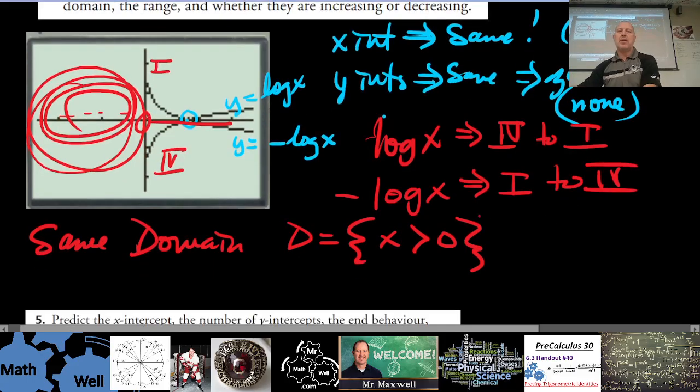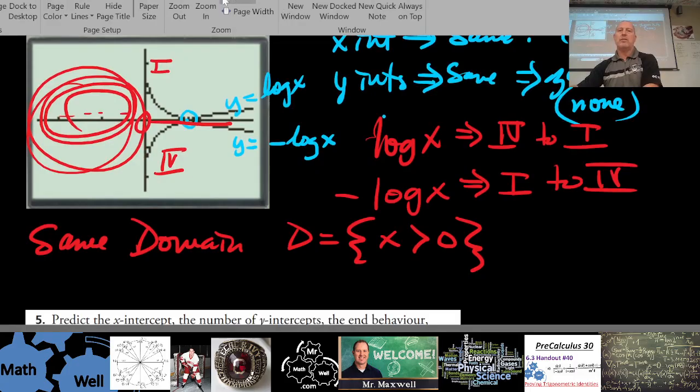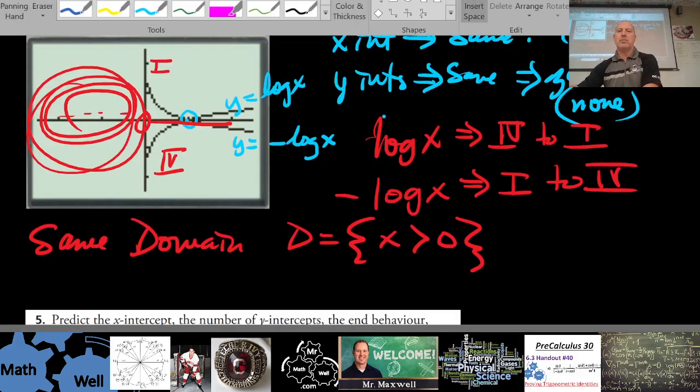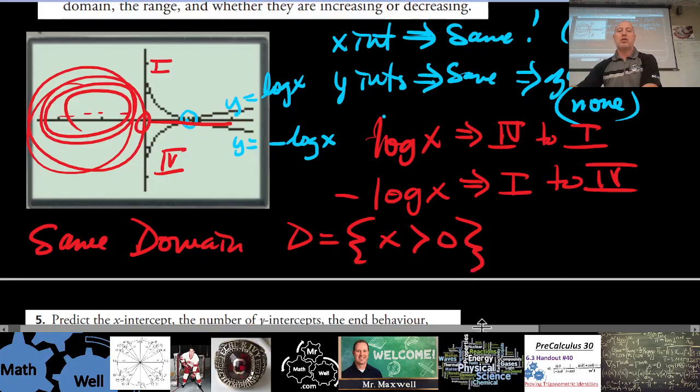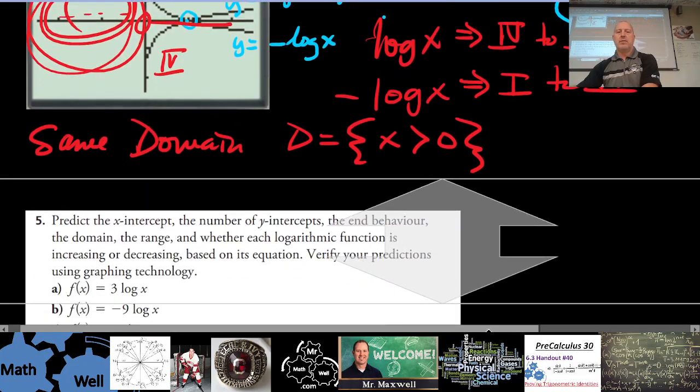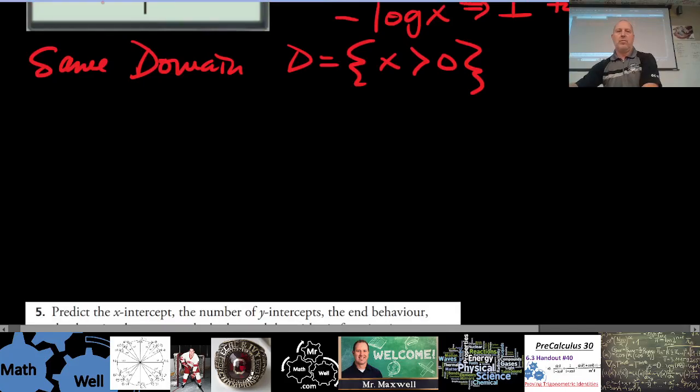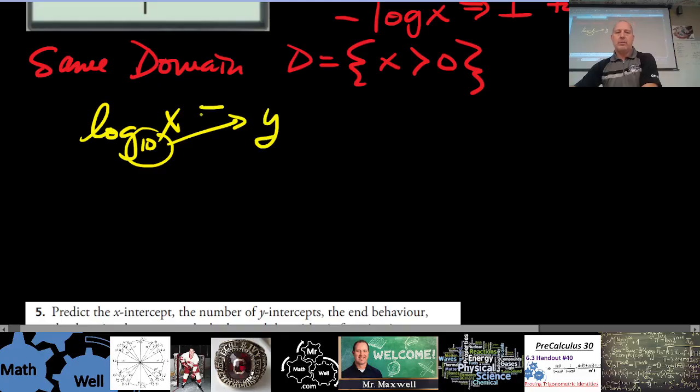If you recall the nature of the log graph, right? It's an exponent. Oh, I'm going to try and make some space here. Give me a second. It's an exponent. So, for example, log of x, base 10. So we're looking for 10 to the power of something equals x.